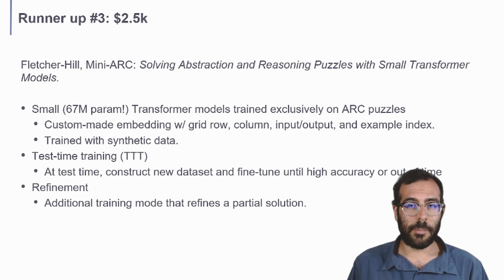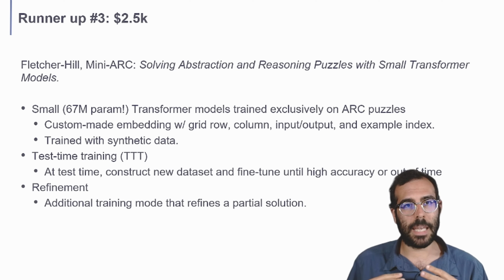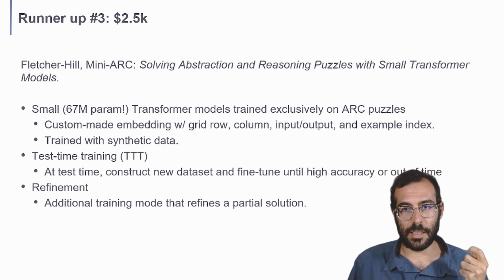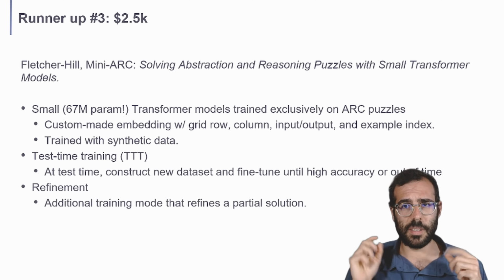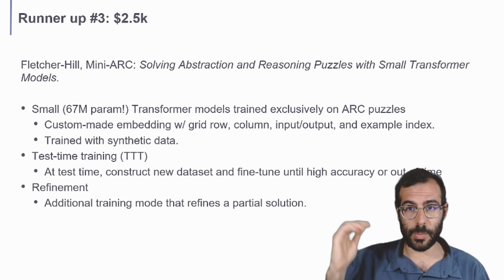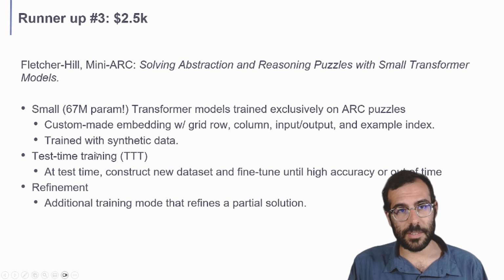And the reason why this works at all is that Fletcher Hill made this really nice custom-made embedding strategy that contains the grid row, the column, the input or output, so whether the point it's seeing belongs to the input or the output, and the example index, so which of the examples it is seeing. And it's trained on synthetic data.